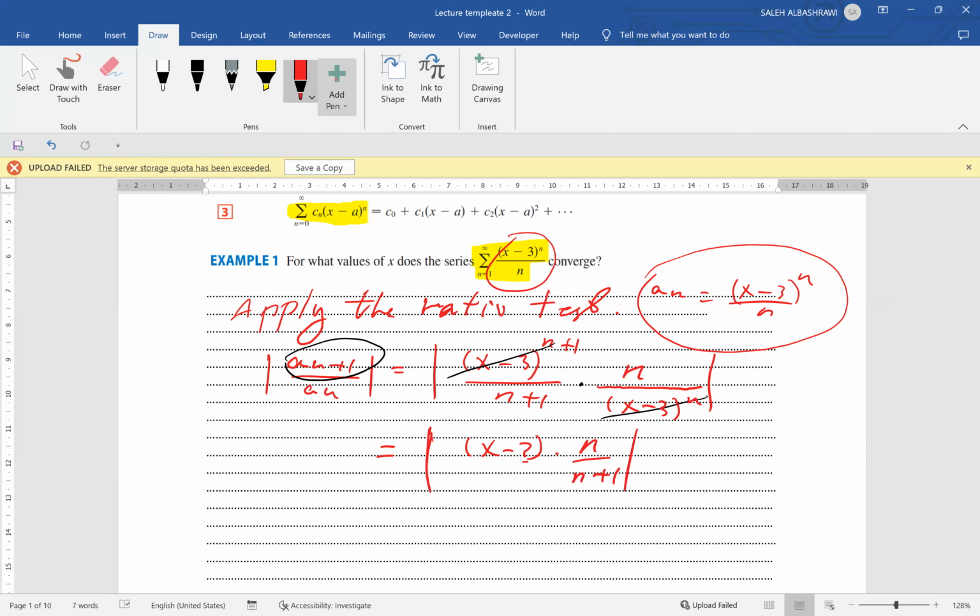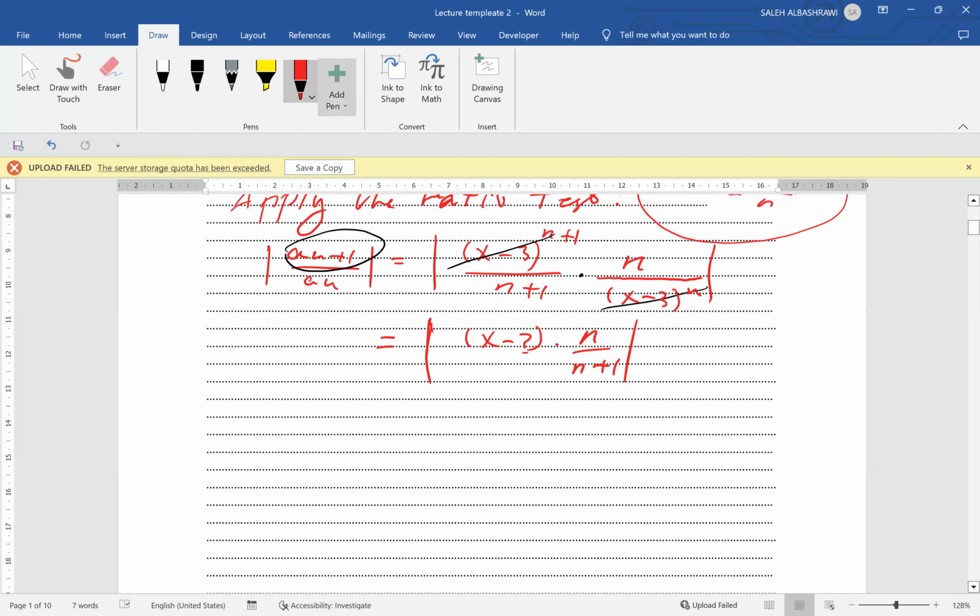Now take the limit for this ratio. The limit of x minus 3 times n divided by n plus 1, as n goes to infinity.